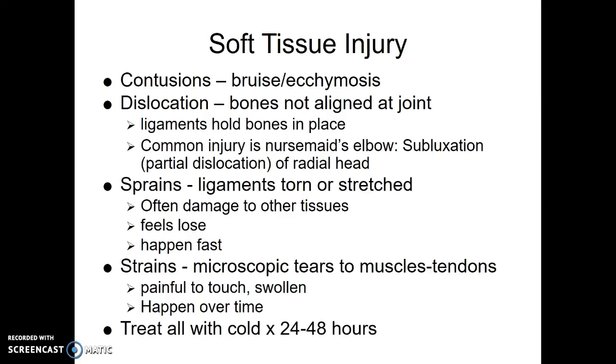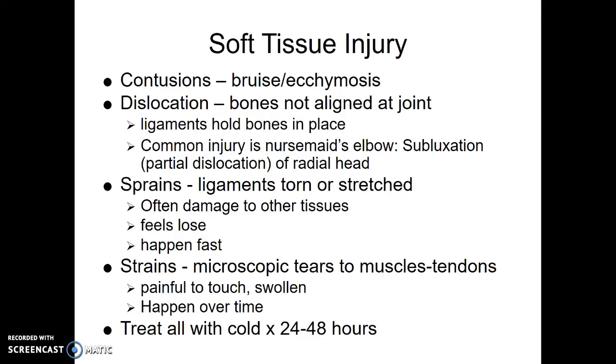Dislocation, this is when the bones get pulled out of alignment. Ligaments hold bones in place, and somehow the ligaments get stretched or tugged, and those bones get out of alignment. A common thing that happens in children, they call it nursemaid's elbow.